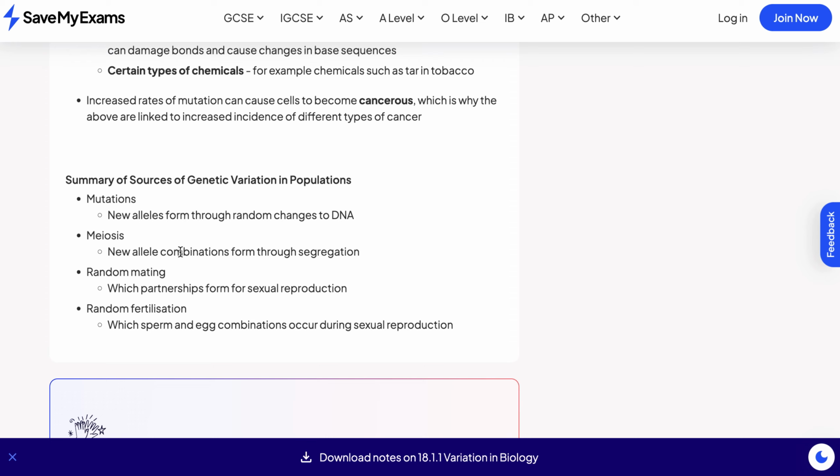Since new alleles are formed through cell division, this is a factor causing variation. Apart from the environment and the gene, the factors are mutation, meiosis, random mating, which is partnership for sexual reproduction, and random fertilization. Random mating and random fertilization also cause variation a lot.